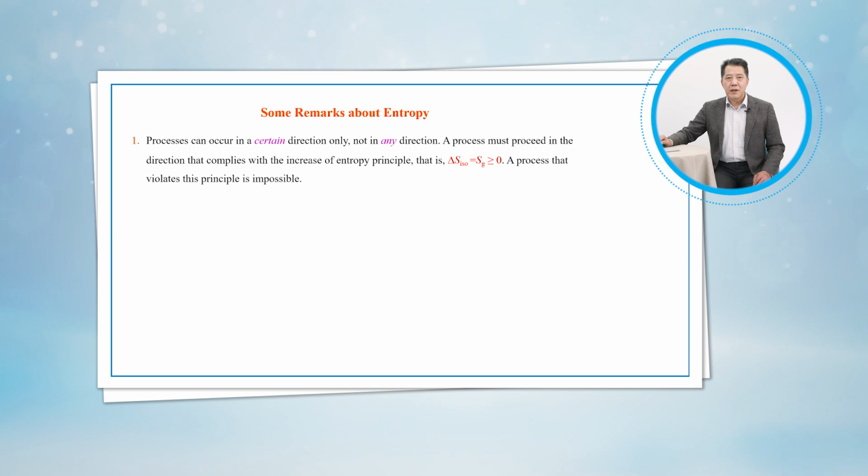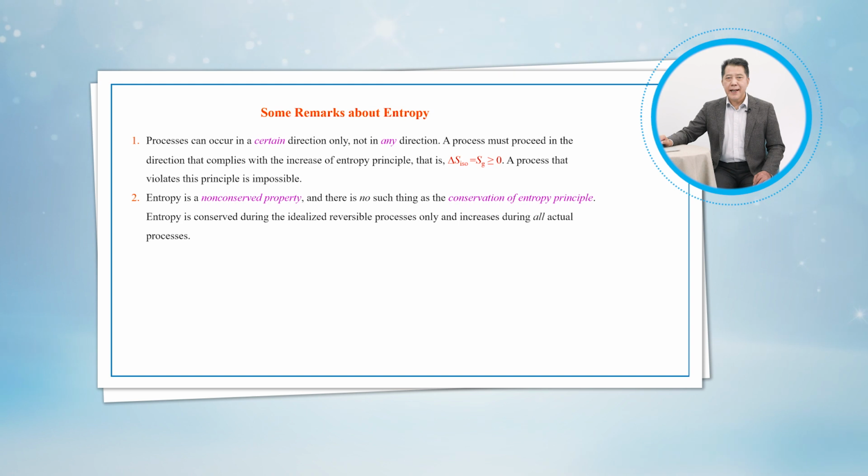A process can occur in a certain direction only, not in any direction. A process must proceed in the direction that complies with the increase of entropy principle. A process that violates this principle is impossible.